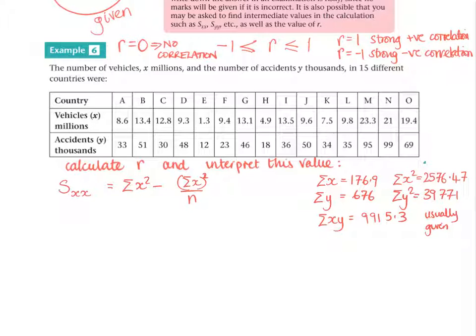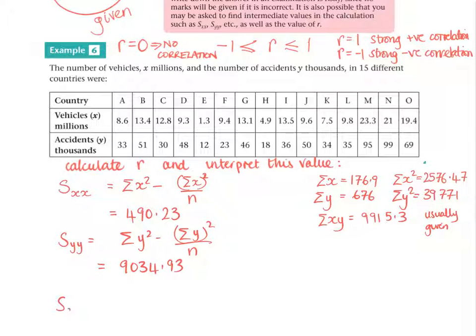Let's see if we can work out Sxx then. If you pop the numbers in, I'm just going to do it straight away, it's 490.23. Do not round in any way whatsoever. You need to keep the full value of your calculation on there. If we then work out Syy, it's the sum of the y squared minus the sum of y's all squared over n, and that works out to be 9034.93.